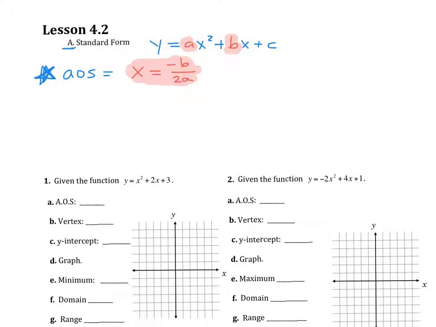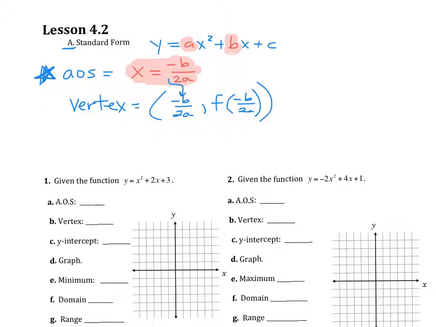Okay, so let's think about this. If we find our axis of symmetry, then our vertex is going to be formed by this. Negative b over 2a is the x value of our axis of symmetry. And then you plug that in for x to get f of negative b over 2a.